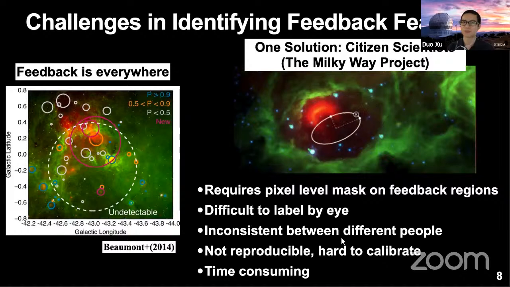And also that is not repeatable. So it's really hard for us to calibrate the position of the feedback. So that's why we need machine learning to help us, which is reproducible and also easy to calibrate based on simulation.